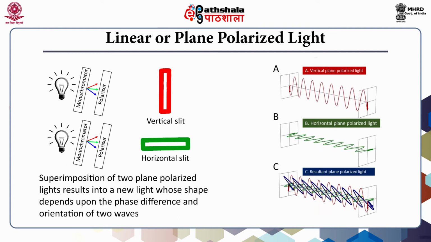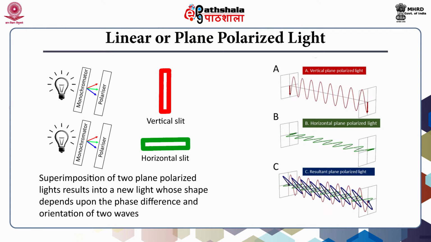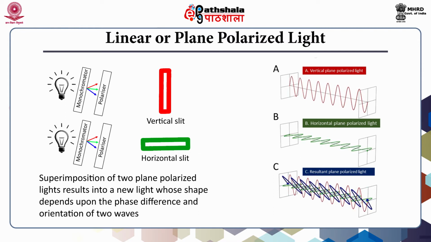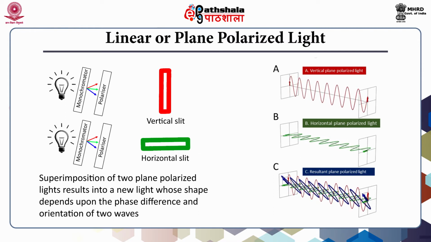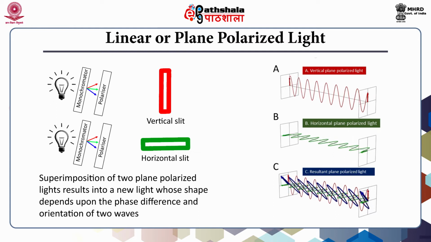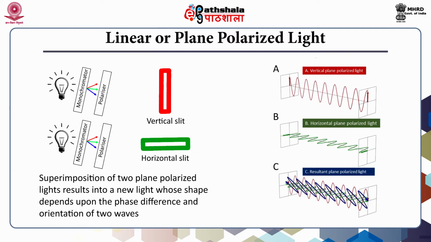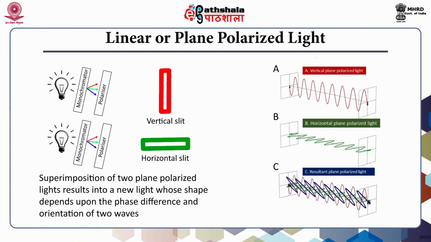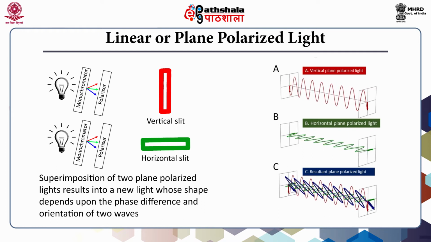Now see, if we superimpose these two lights, one oscillating in the horizontal direction and another oscillating in the vertical direction, how do they interact? You might have read earlier, we already know constructive and destructive interference. Here they go partially constructive if they are in phase, or partially destructive if they are out of phase.